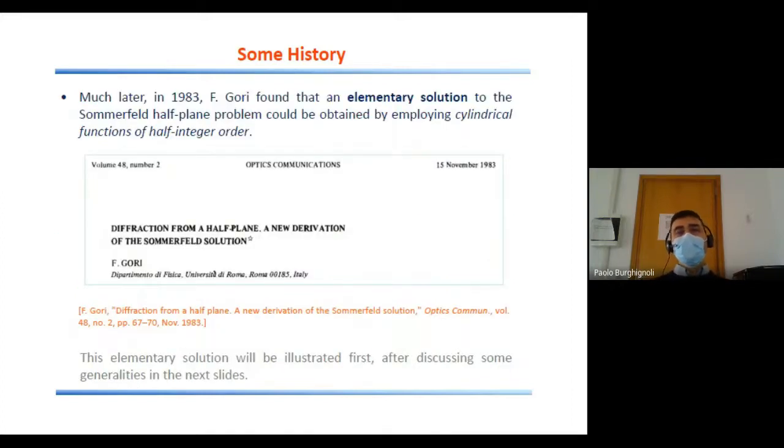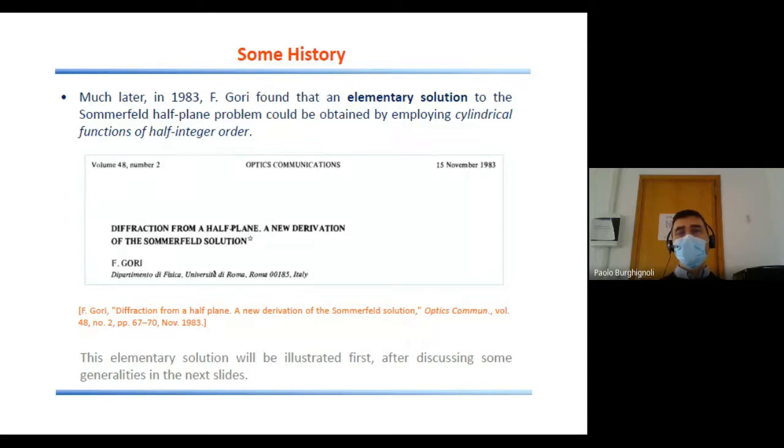It is interesting that much later, in 1983, Professor Franco Gori, who was a professor here in Sapienza before moving to Roma Tre University, now he's retired, who was a teacher of optics in this university, found that it was possible to express the solution to the Sommerfeld half-plane problem in elementary terms by introducing cylindrical functions of half-integer order.